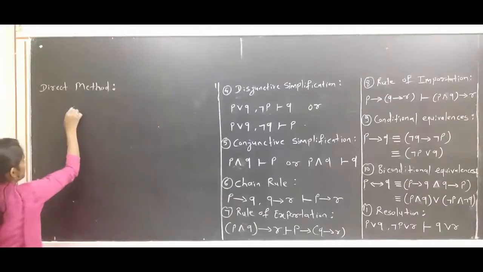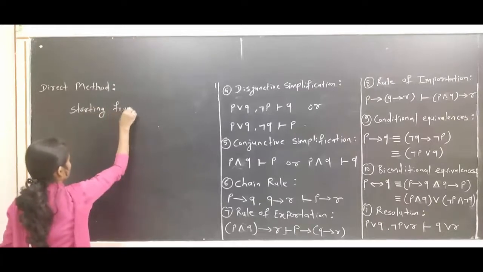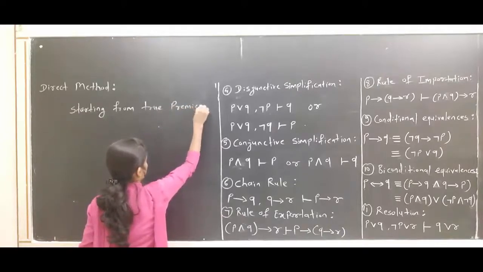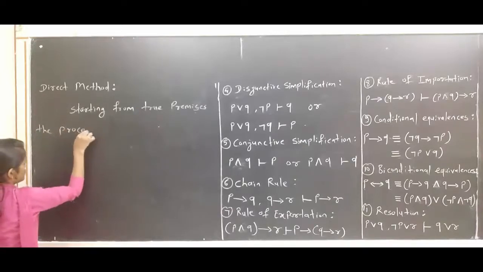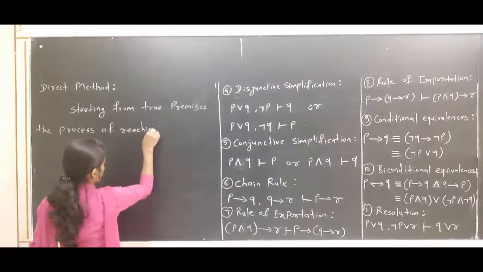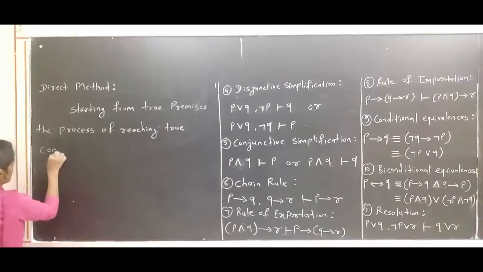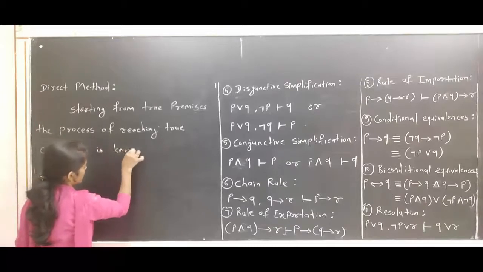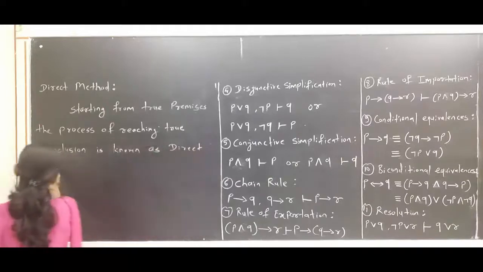Definition: starting from true premises, the process of reaching the true conclusion is known as direct method.